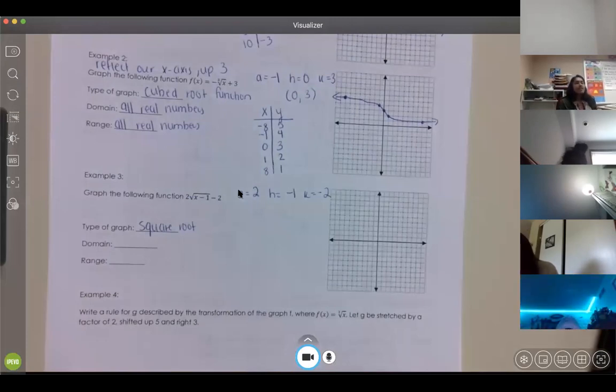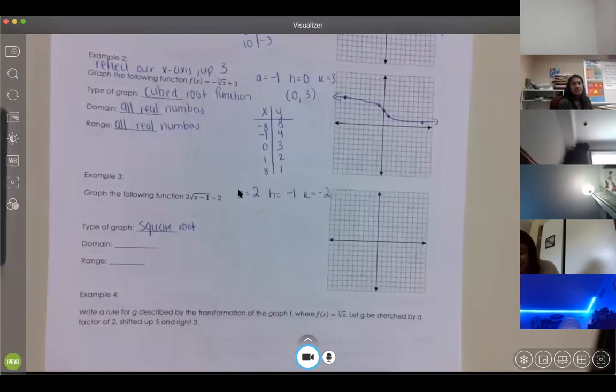How does this make my graph move? What do you think, Sandra? Is it x greater or equal than? Oh, not the domain. Sandra, just how does this make my graph move? Is it gonna move up, down, left, right, stretch, shrink? I don't know.